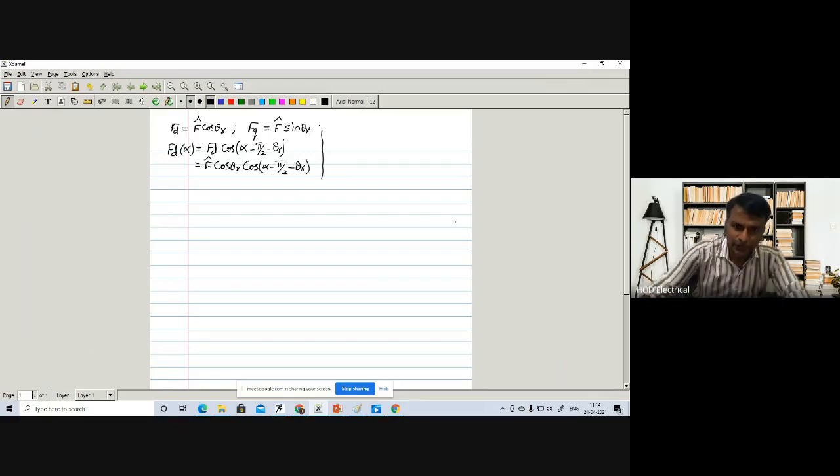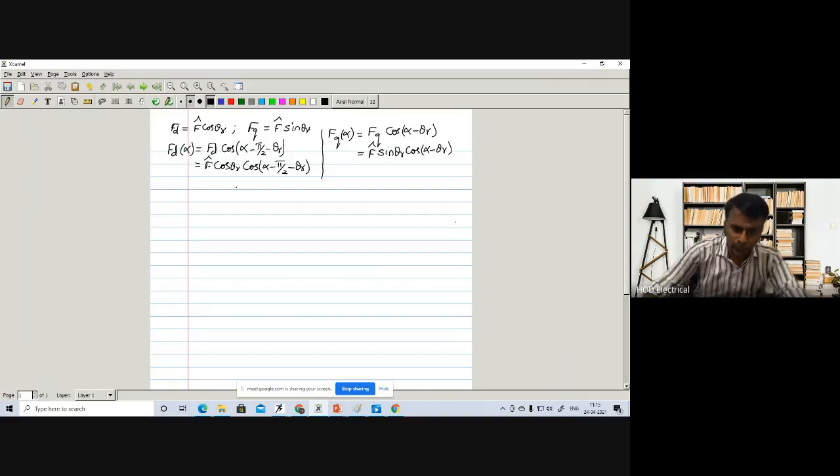Similarly, FQ as a function of alpha, we can write as FQ magnitude into cos of alpha minus theta. I request the audience to refer to the previous lecture where I explained how to derive this, so we can write F cap into sine theta r into cos of alpha minus theta r.